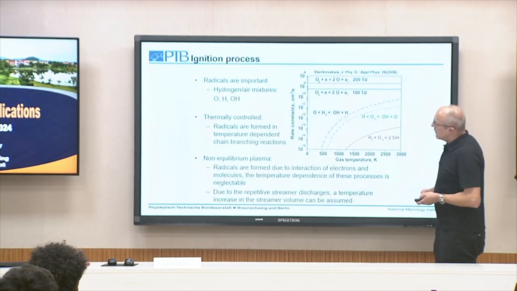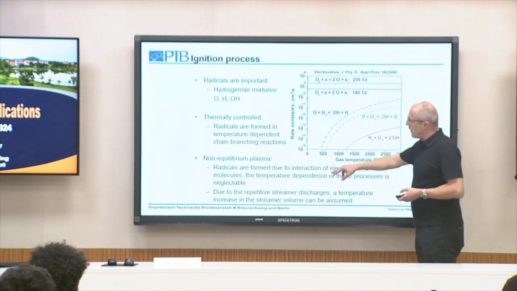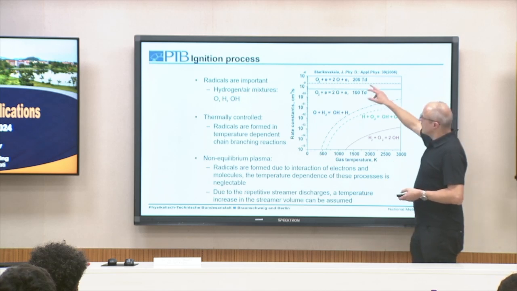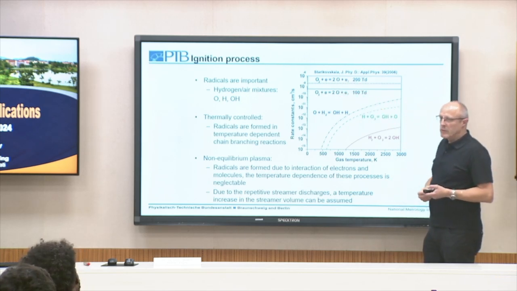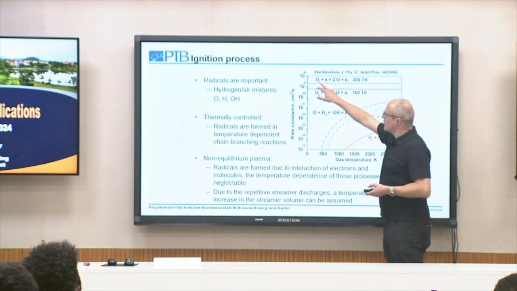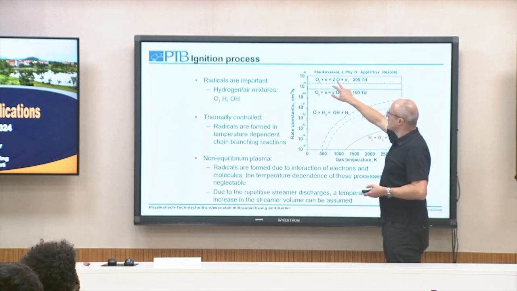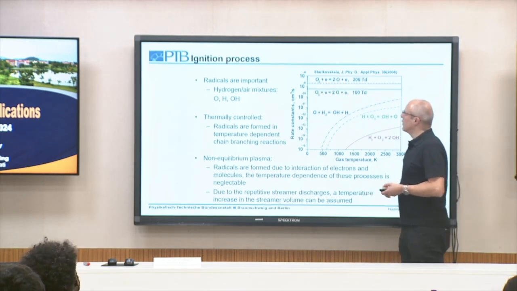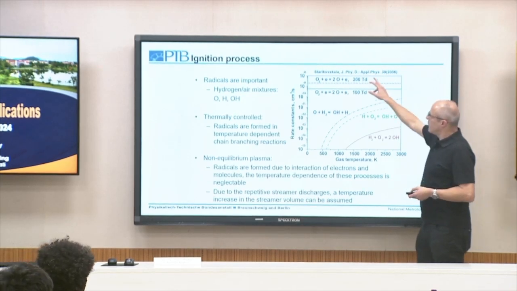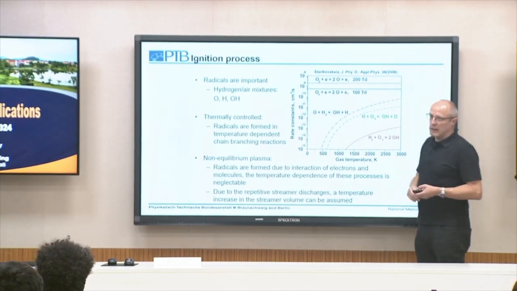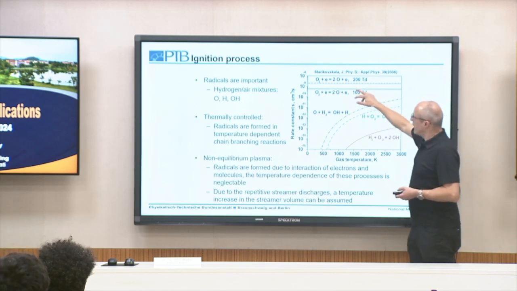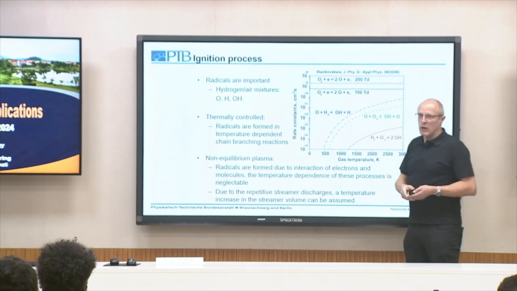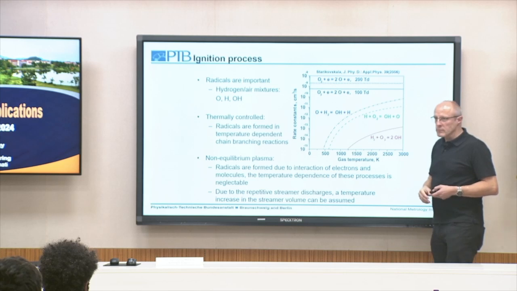But for these non-equilibrium plasmas, we also have to consider these so-called electron impact reactions. So oxygen plus an electron gives 2 oxygen plus an electron. This depends on the strength of the reduced electrical field given here in Townsend. So the higher the electrical field, the more oxygen is produced.